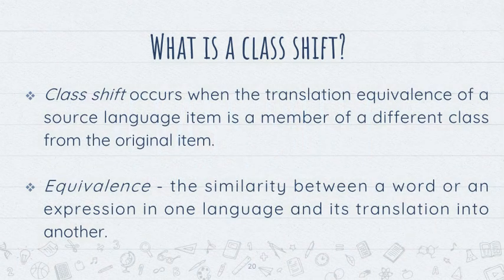Class shifts occur when the translation equivalence of a source language item is a member of a different class from the original item. Now, what does the word equivalence mean? It is the similarity between a word or expression in one language and its translation into another.